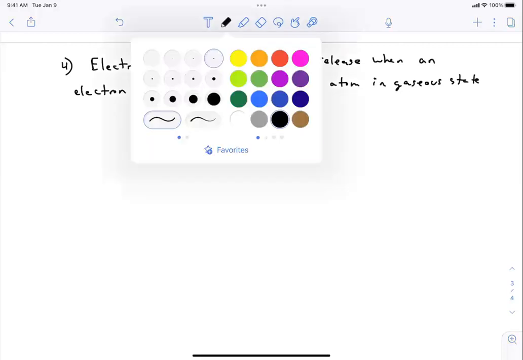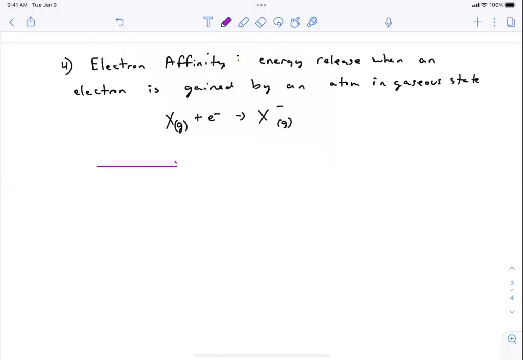And so you'll still see the same idea that as you go across a period, generally speaking, electron affinity increases. Because those atoms with more and more valence electrons have a greater attraction for electrons, and gaining an electron actually provides more stability. So that attraction coupled with the number of valence electrons increases the amount of energy released when it gains an electron.